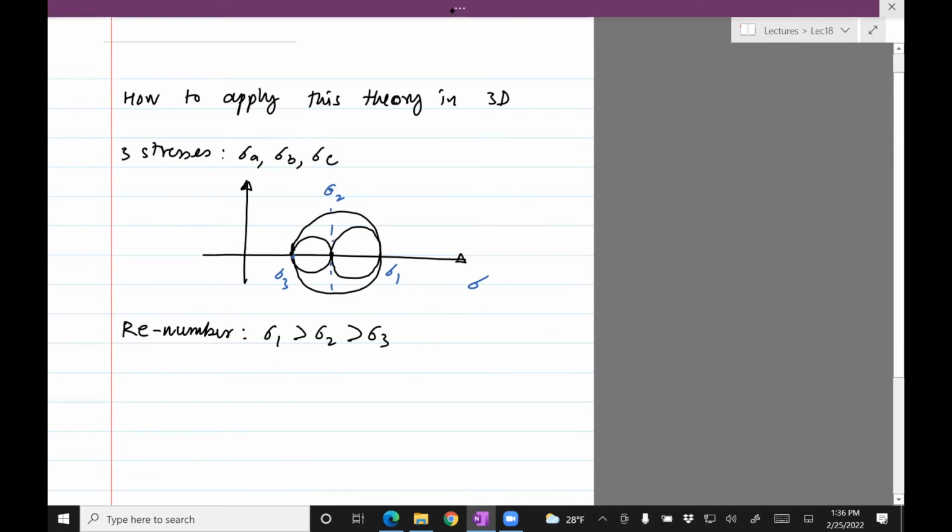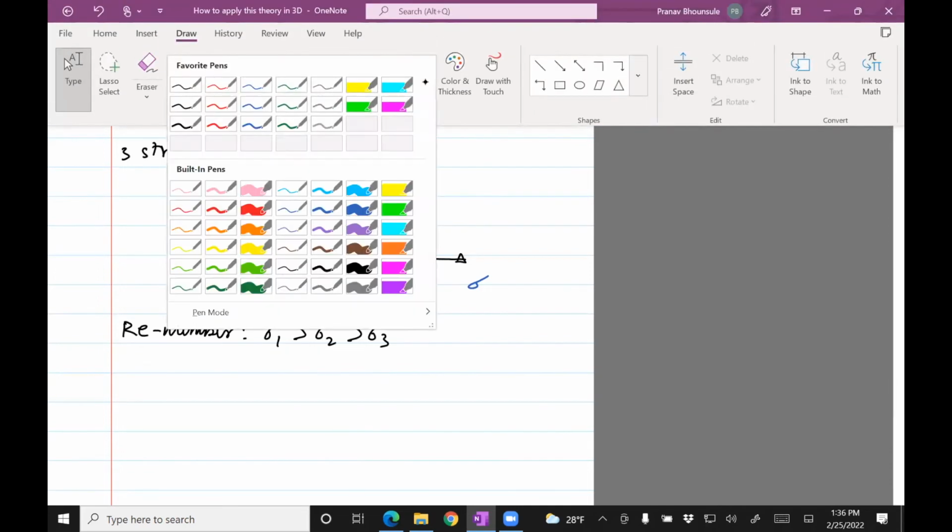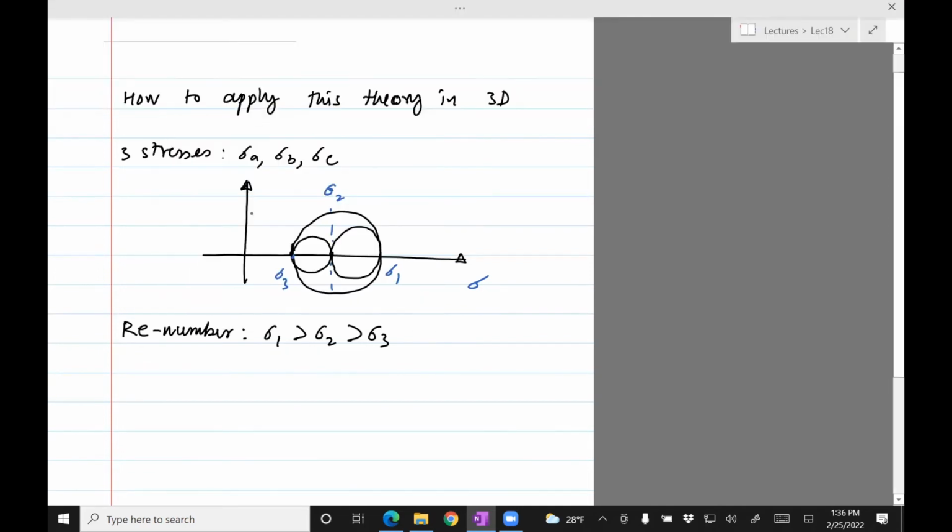Okay, so then what we'll do is we'll find the maximum shear stress, right? How many shear stresses are there for 3 Mohr circles? There are 3 maximum shear stresses. There's one for this.